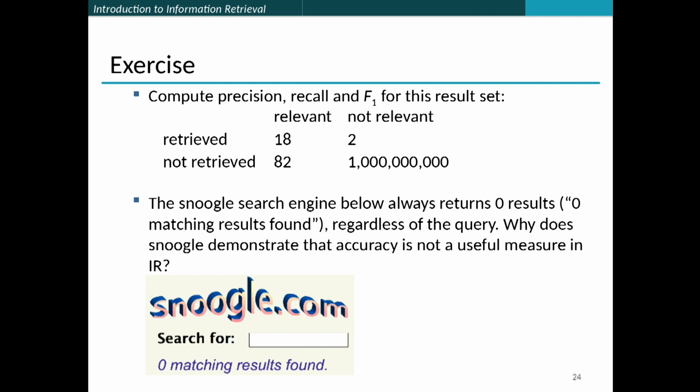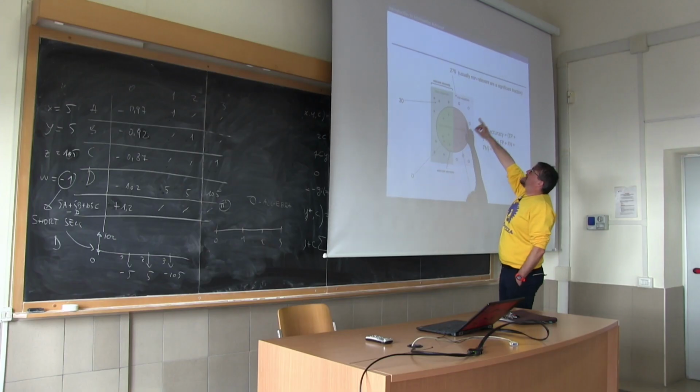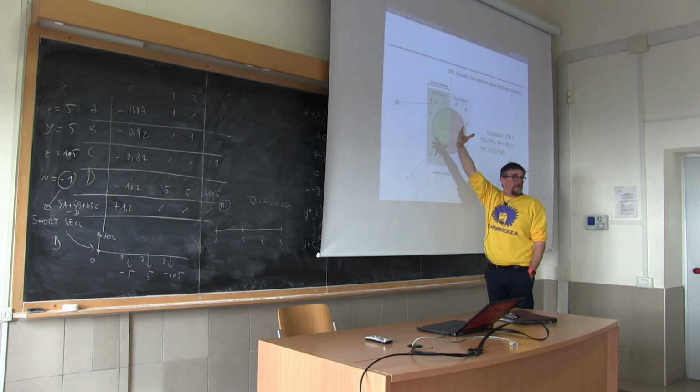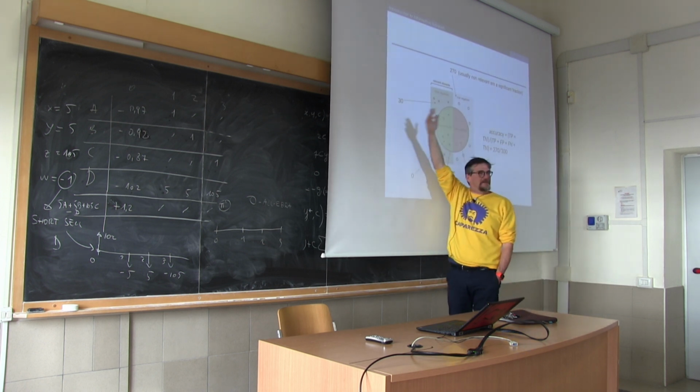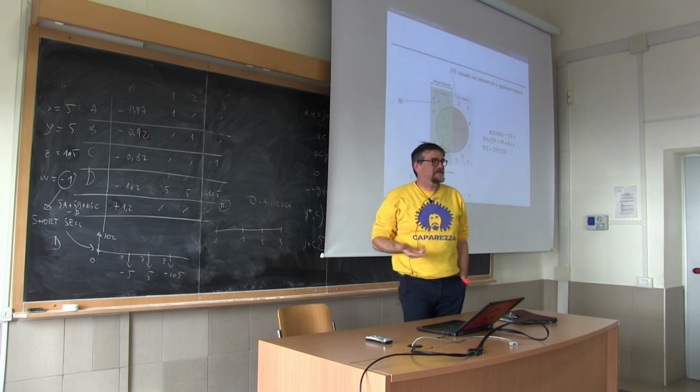Let's see an example. The returned documents are 0 in our Snoogle search engine. Now, usually the true negatives are big. The other fraction, the false negatives, is usually relatively small.